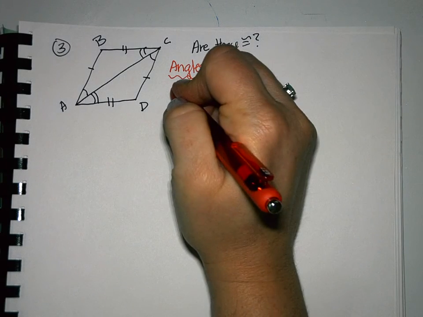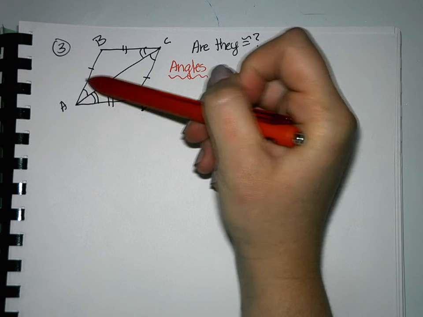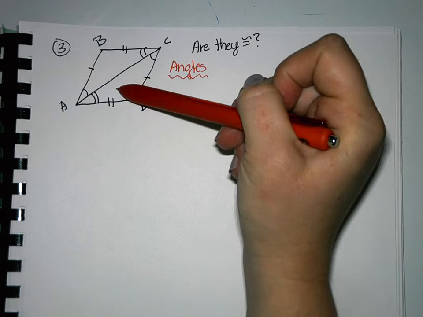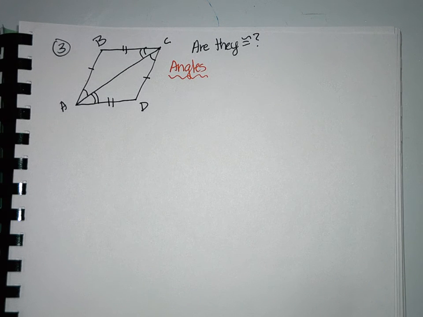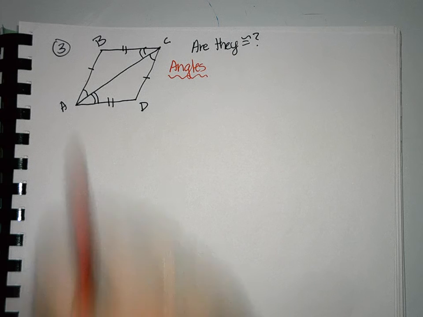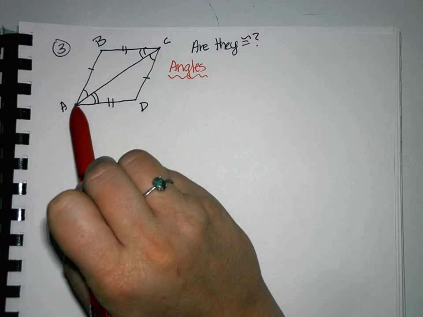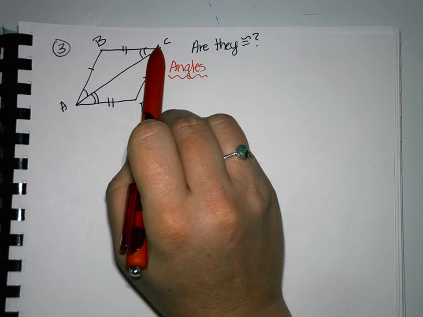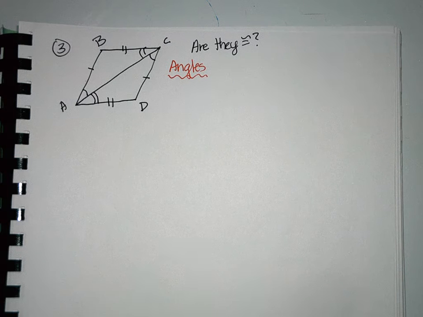Now, do you see how A is both in this triangle up here and this one down here? We want to use 3 letters for our angles. In the last example, S was the only vertex and P was the only vertex, and same with Q and T. If you have a letter that belongs in both triangles, because we have triangle ABC and we have triangle ADC, you want to use 3 letters to help you differentiate the two angles.